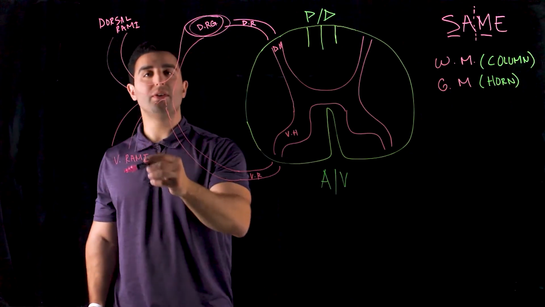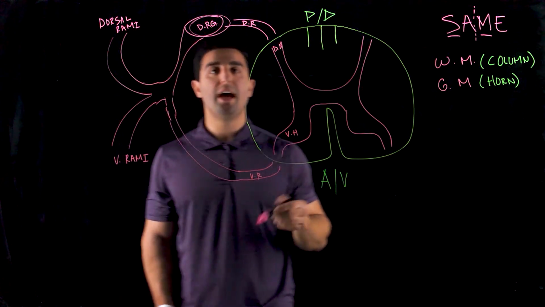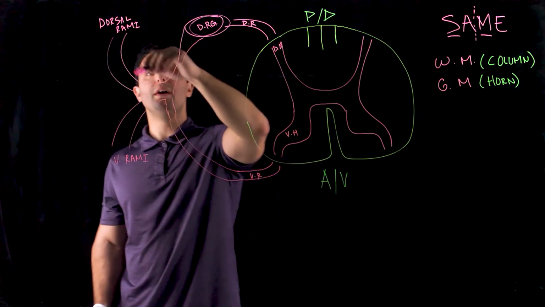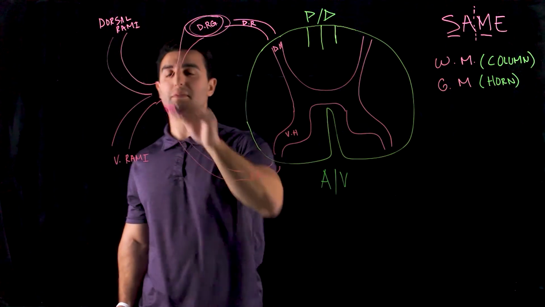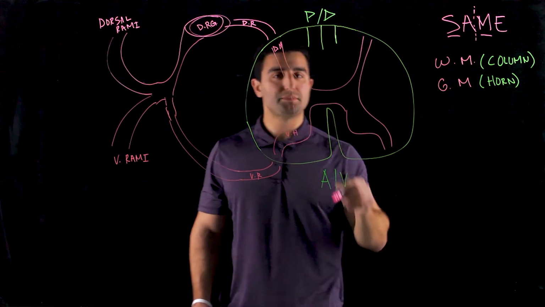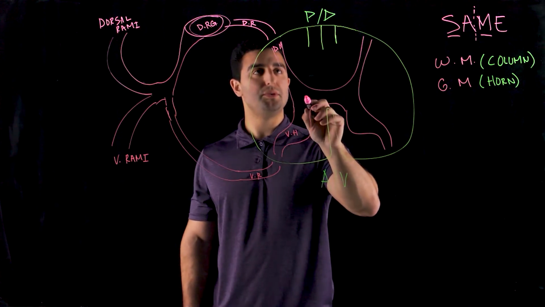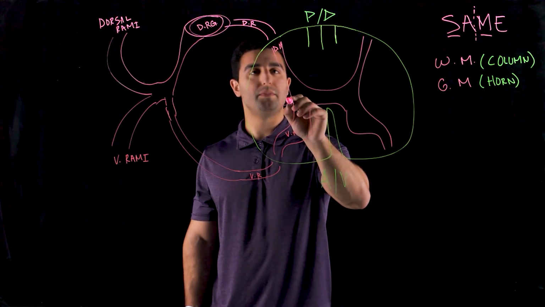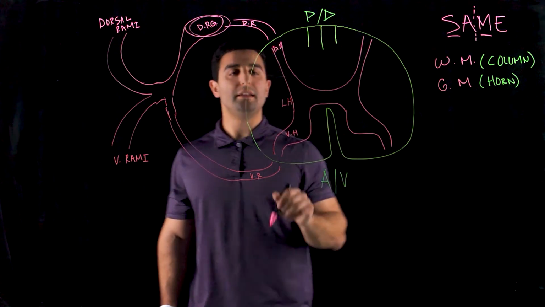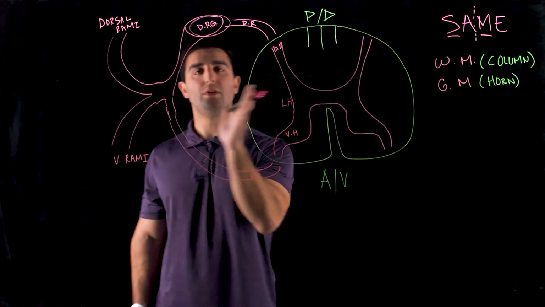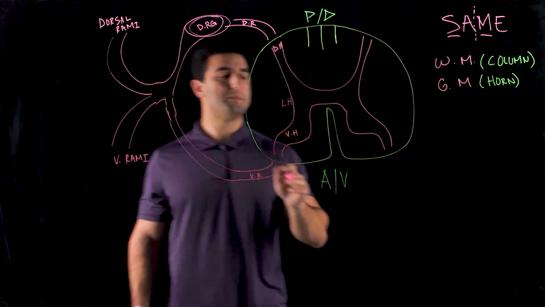The rami, whether ventral or dorsal, have both. So you can have sensory and motor information in both rami. That's really important. And finally, on the lateral side, this is called the lateral horn. The lateral horn is responsible for a majority of autonomic function. Remember, lateral means away from the midline.